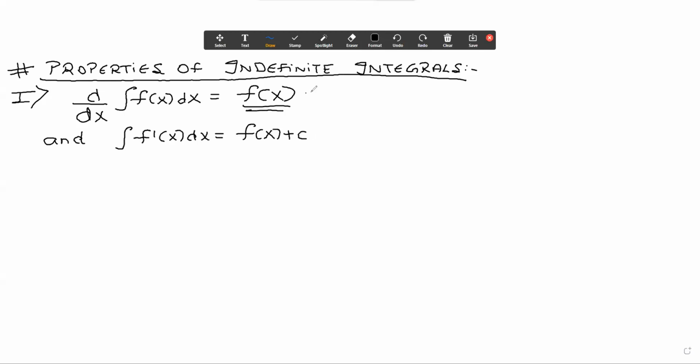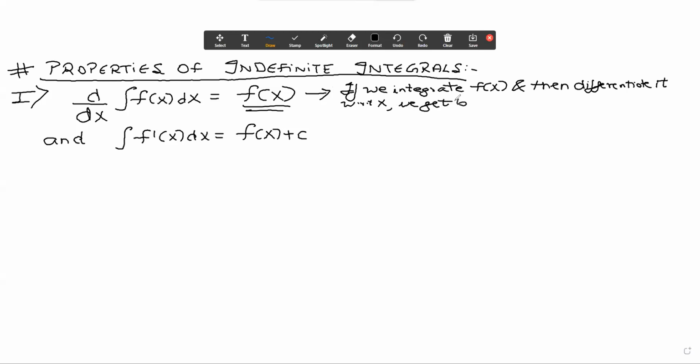What does this mean? This means if we integrate f of x and then differentiate it with respect to x, we get back f of x.